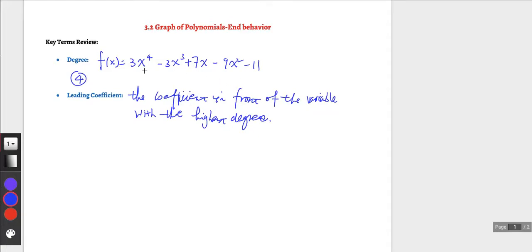So for this one, since 4 is the highest degree, then 3 is going to be the leading coefficient.